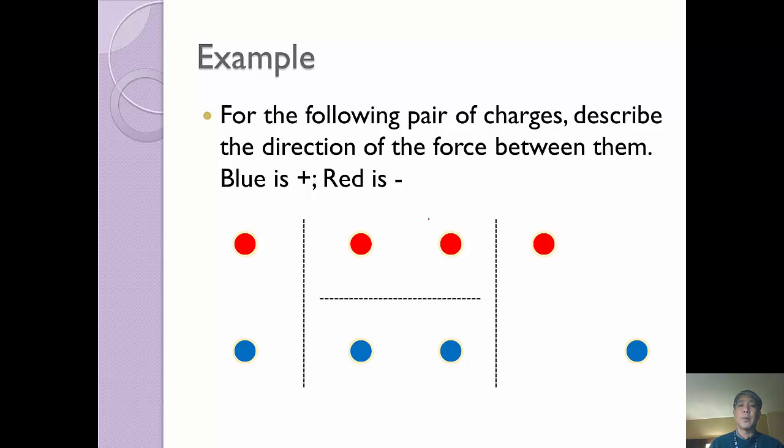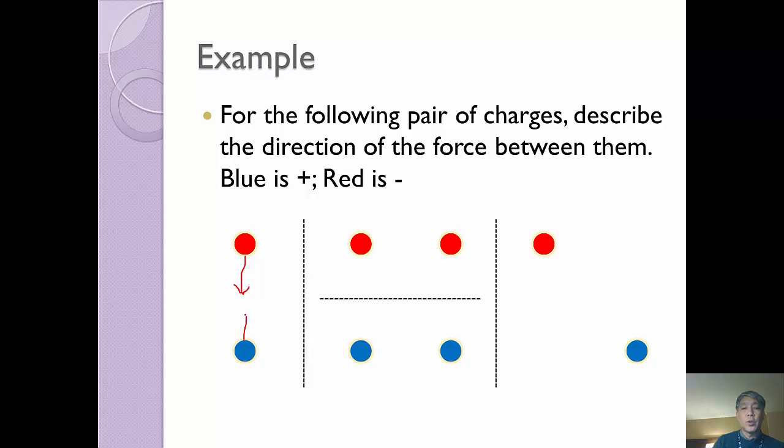Just as a bit of practice, blue charges are positive, red dots are negative, and I want you to figure out the direction of the force between these. I have four different situations: the one on the left, top, bottom, and the one on the right. If you figured it out, blue and red are opposite charged, so the force is going to be attractive.